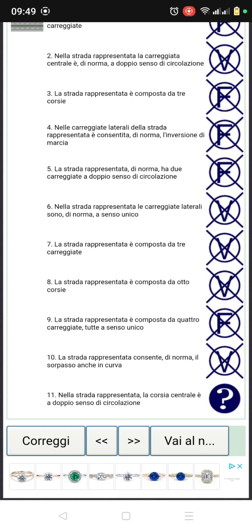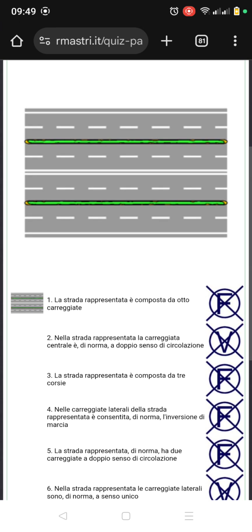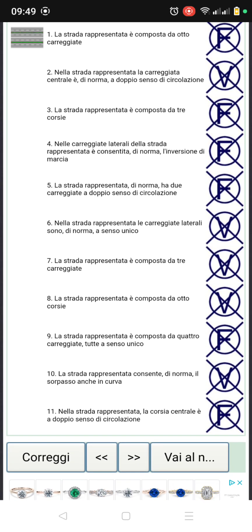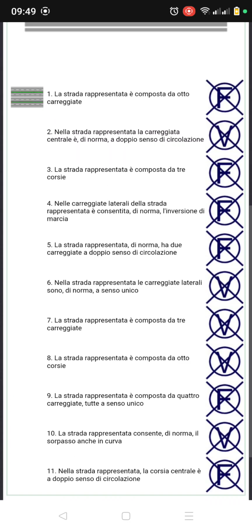So number 11. Nella strada rappresentata la corsia centrale è a doppio senso di circolazione. No, it's false. So look at the question. On this very road, la corsia centrale, the middle lane, instead of la carreggiata centrale. It is supposed to be la carreggiata centrale, not la corsia centrale. The circulation is false because of la corsia.